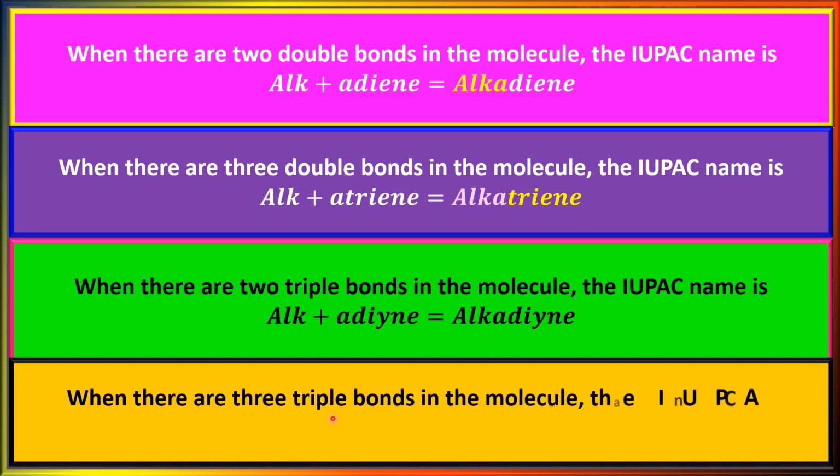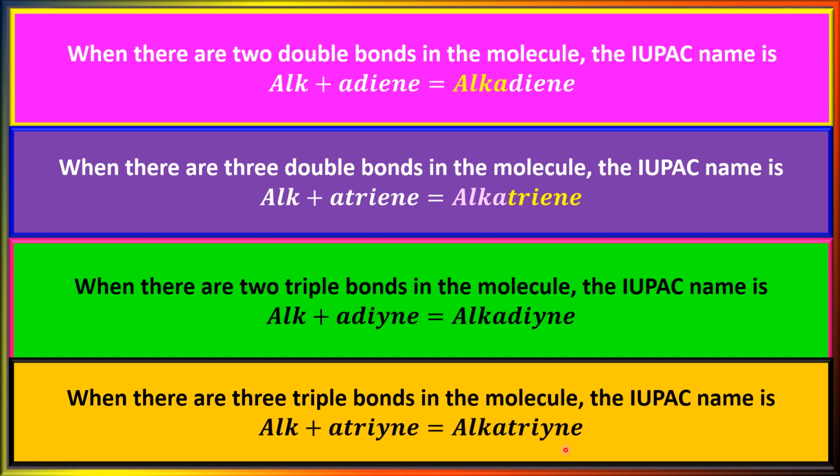When there are three triple bonds, the IUPAC name is alk plus atriyne, alkatriyne. That means we have to add a to the root word when two double bonds are there, three double bonds are there, or two triple bonds, three triple bonds are there.